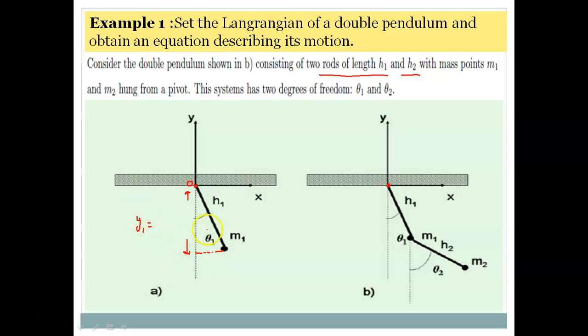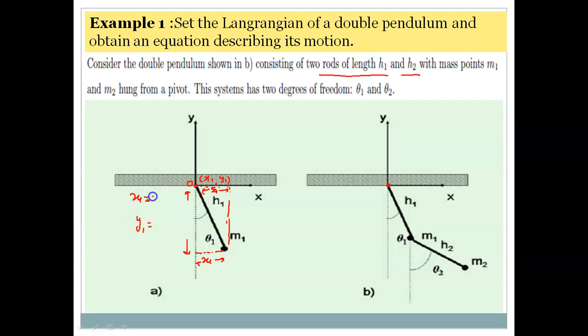Suppose the coordinates are x1 and y1 for this part. This is the origin here. So first we find x1, which is this distance. When the mass is here, the distance traveled along the x-axis is x1. So x1 means perpendicular over hypotenuse, which is sine theta.